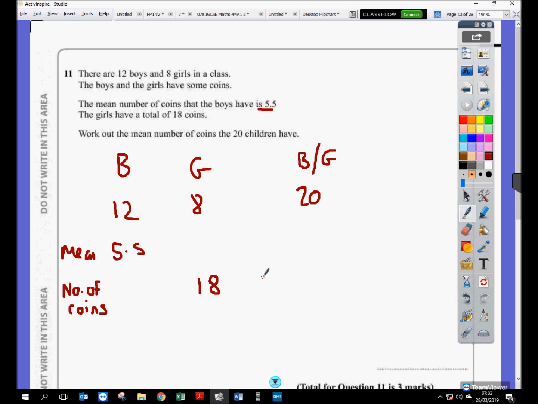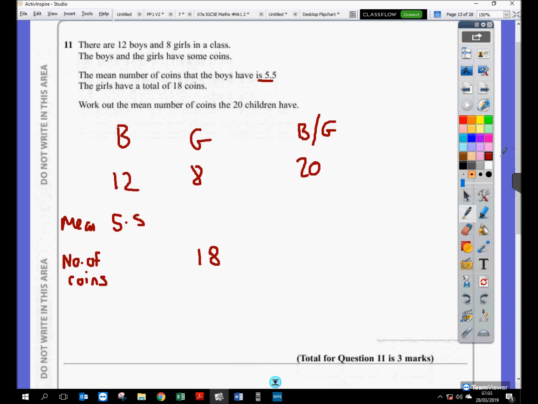To work out the mean, you add up how many coins the boys have and divide it by how many boys there are, 12. This gives us the average number of coins per boy, which happens to be 5.5.